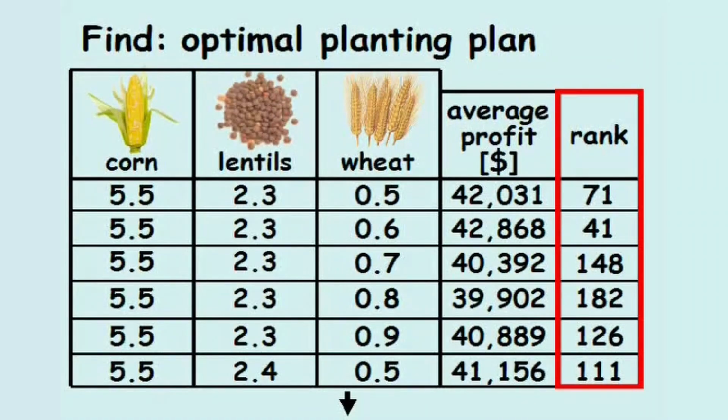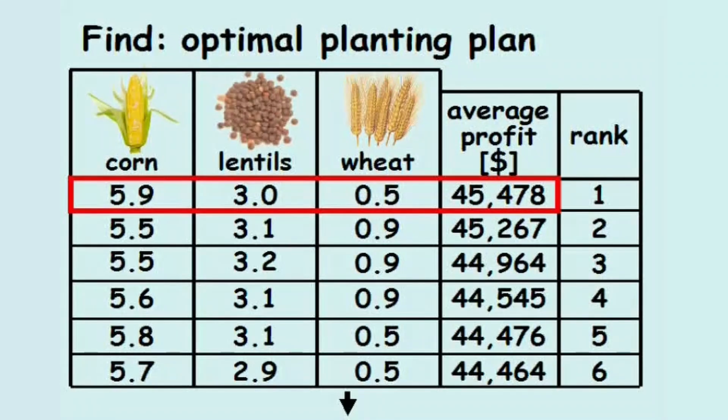After sorting the results, the planting plan with the highest average profit is to plant 5.9 acres of corn, 3.0 acres of lentils, and 0.5 acres of wheat, for an expected profit of $45,478.